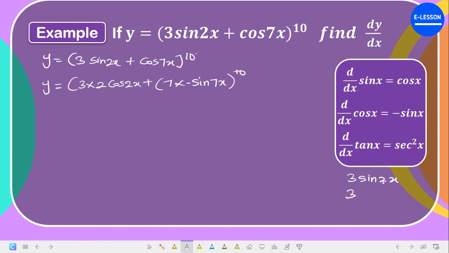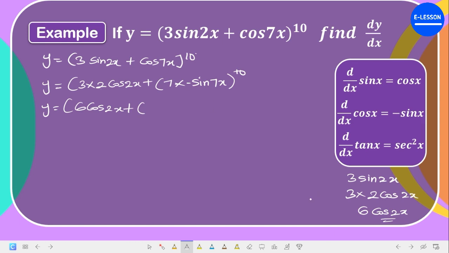What we have here, let me show you somewhere here, 3 sine 2x is still the same thing as: write 3, differentiate 2x, it will give us what? 2. Differentiate sine to give us what? Cos, then write 2x again, which is 3 times 2 is what? 6, then cos 2x. That's what we have here. So y is equal to 3 times 2 is what? 6 cos 2x, plus bracket.